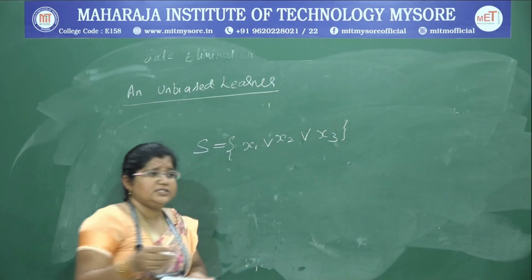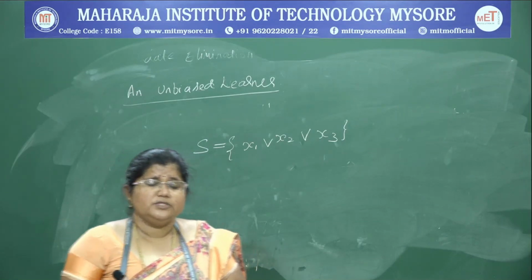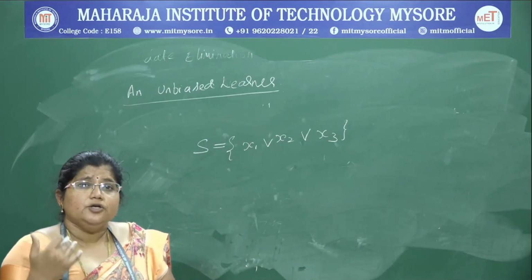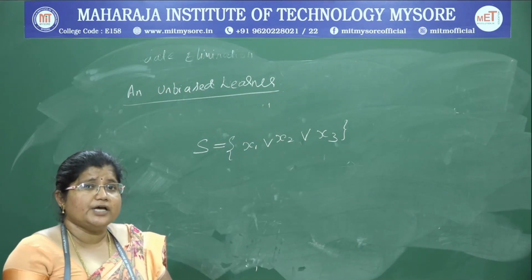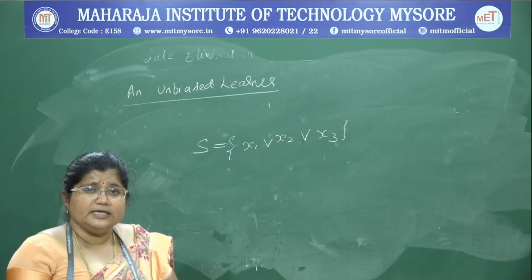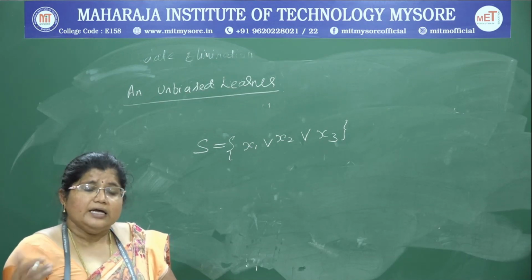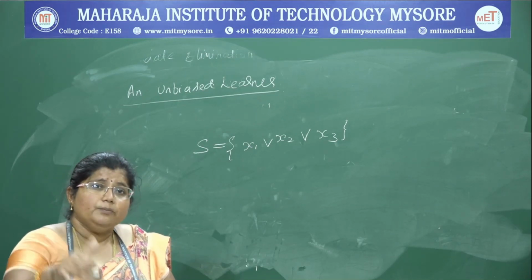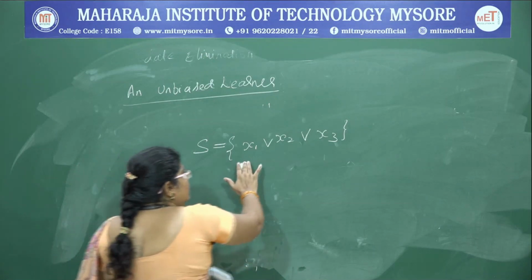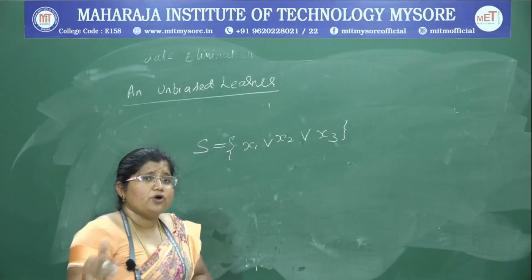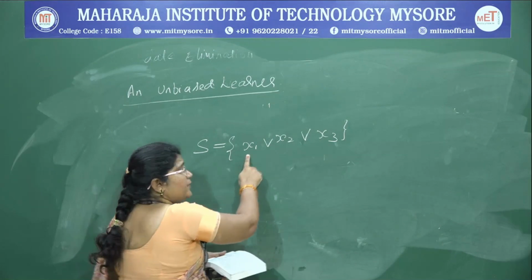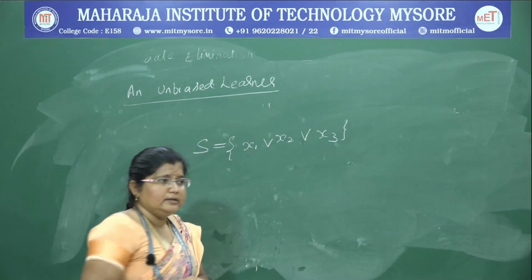If a new unobserved example comes across, we need to check whether that particular example belongs to any of the instances of the given training examples. So it's a combination of x1, x2, x3.